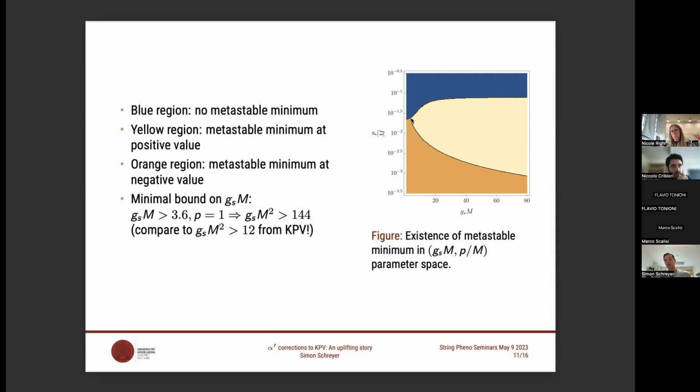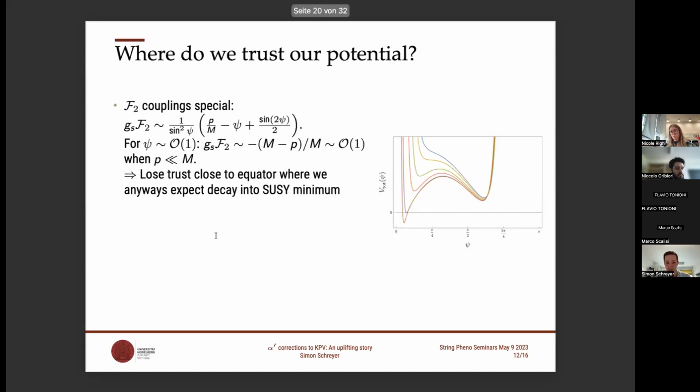We want to have a positive contribution at the minimum. That's why we go here and to as small values of GSM as possible. Then we find that GSM should be bigger than 3.6. Together with P equals 1, we find that GSM squared is bigger than 144. So this is already a huge difference compared to KPV, which has GSM squared bigger than 12.